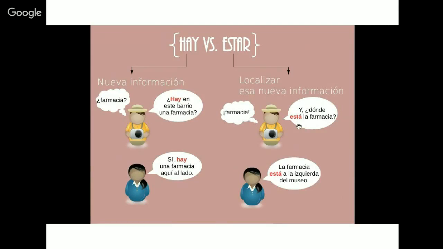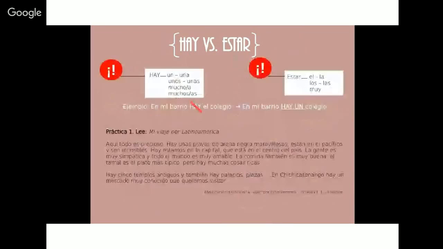¿Y dónde está la farmacia? And where is the pharmacy? La farmacia está a la izquierda del museo. The pharmacy is on the left of the museum. So, as I said before, after hay we use the indefinite article.